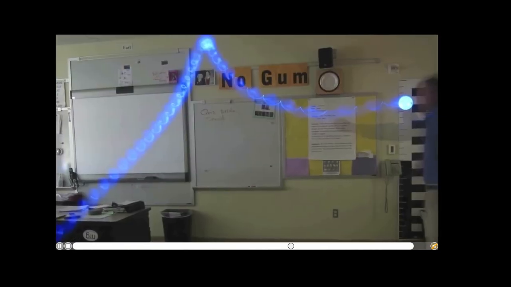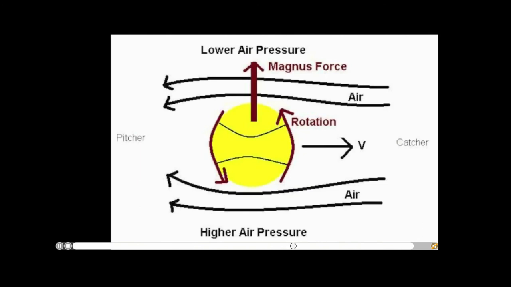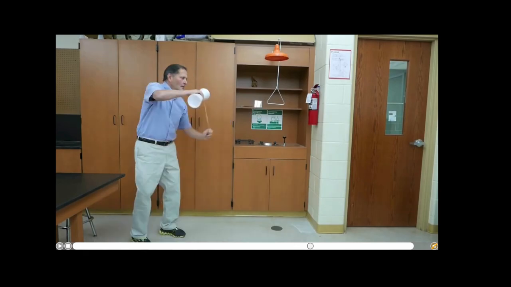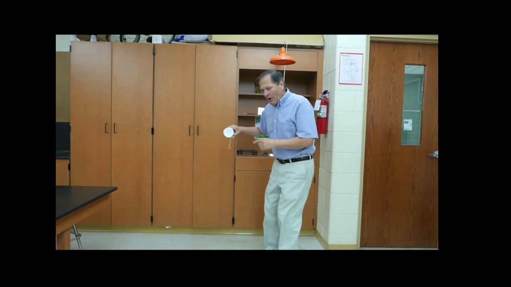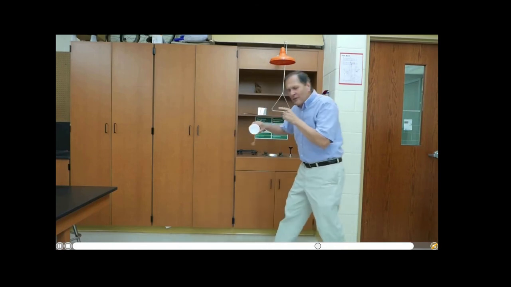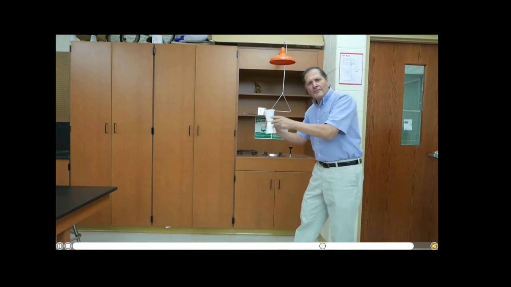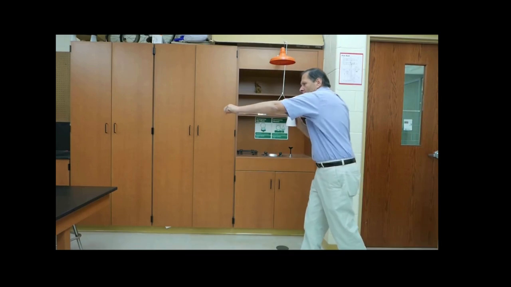This is also called the Magnus effect, which is prominent in some bowlers in cricket. This is just another variation of the experiment. We try to launch the cup sideways and see what happens. Top view.